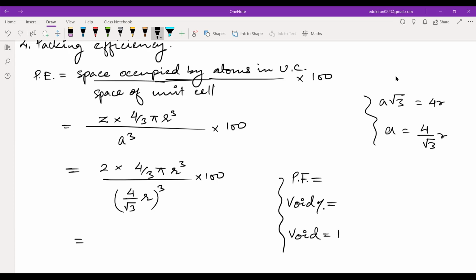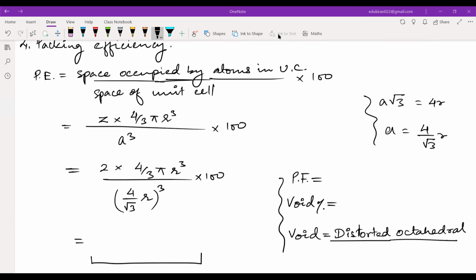You can just write that it is distorted octahedral. But no one will ask you this. Focus more on this answer. You are getting quite a high answer. Don't write this. I think you are near, Minashi. A bit high, but you are near.